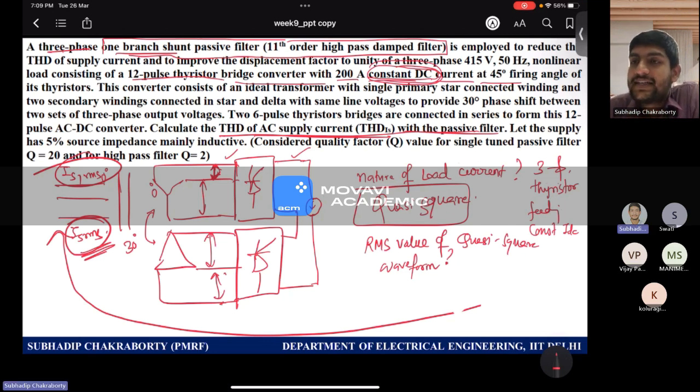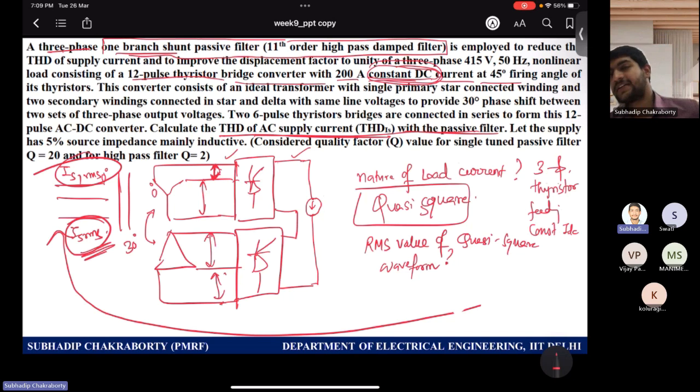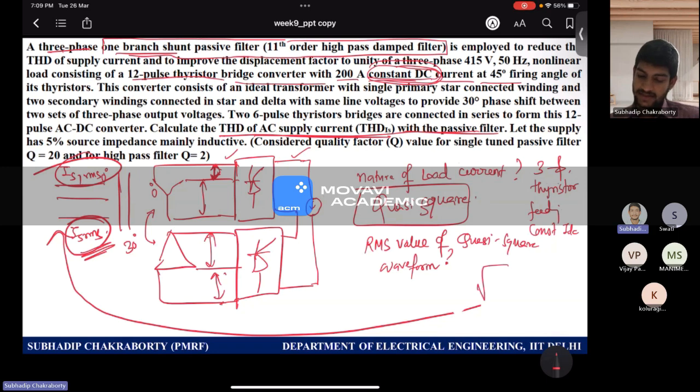For a 3 phase thyristor based converter feeding constant DC current, the RMS value is square root of 2 by 3 times IDC. So this is very important, right?